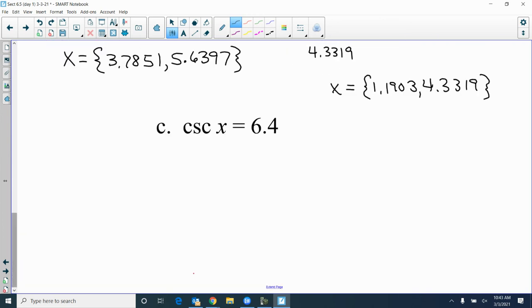Now this third one does have solutions. It is not a no-solutions problem like the one above. So cosecant, think about this as sine of x equals 1 over 6.4.